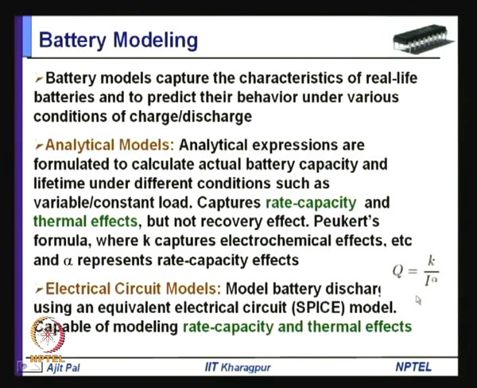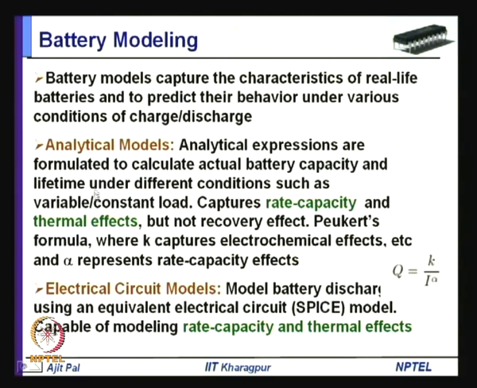That means, as you discharge the battery at a particular rate, the charge that will remain can be obtained from this.